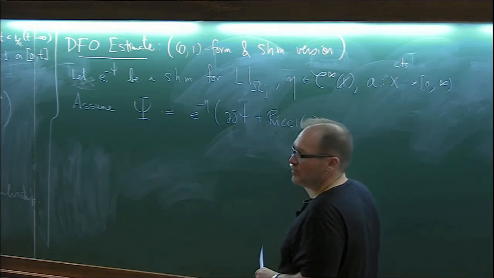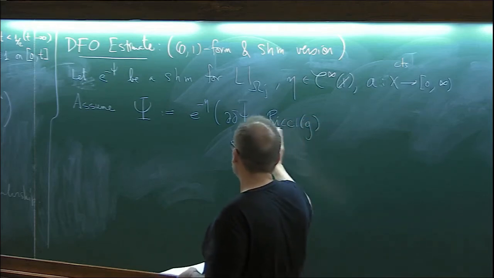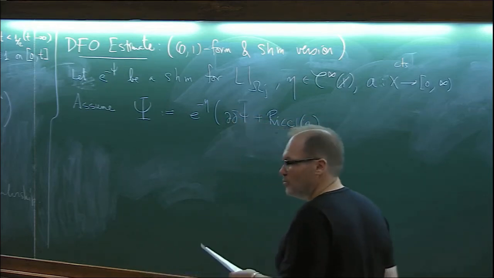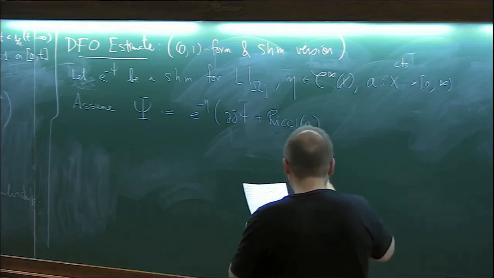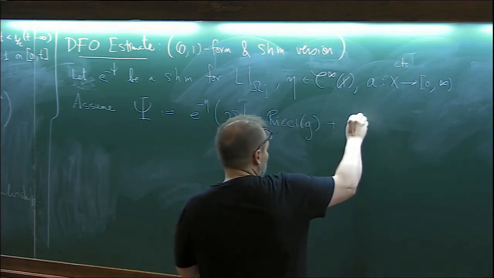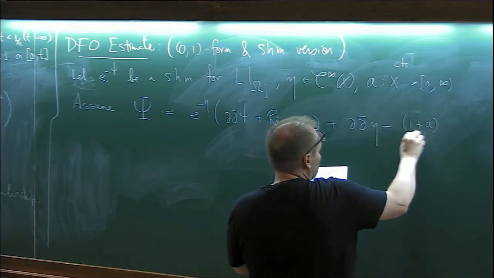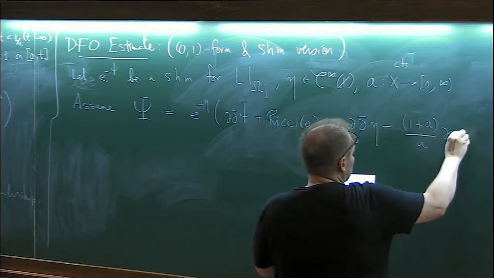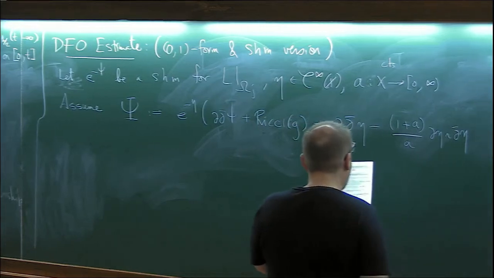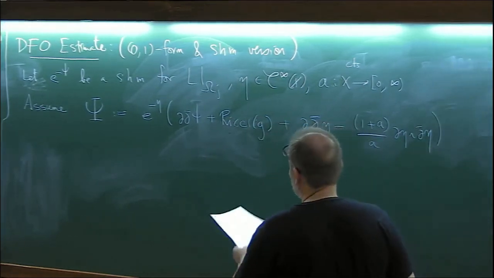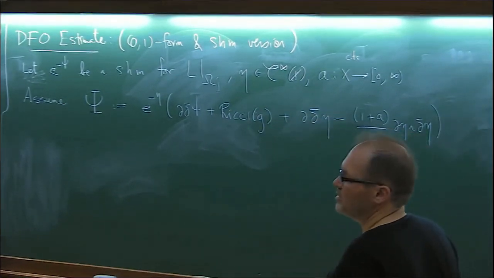This is the curvature of that metric, an induced curvature on 0,q forms. And then we had this twisted term, dd bar eta minus 1 plus a over a d eta wedge d bar eta.